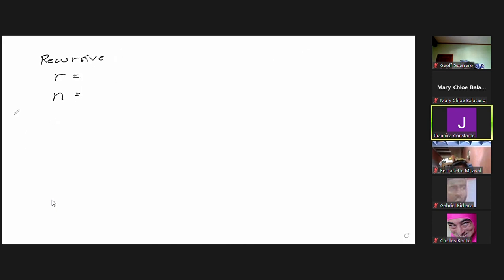Si common ratio at saka si n ang change natin kay recursive formula, which is a_n equals a sub n minus 1 times r. Yan si recursive. Si explicit, the explicit formula, the ones that we are changing are the common ratio and the first term.